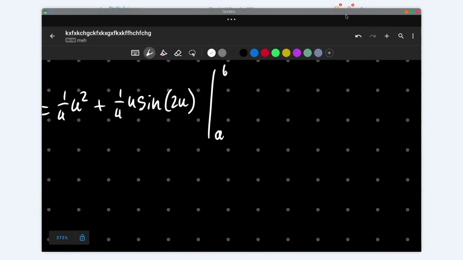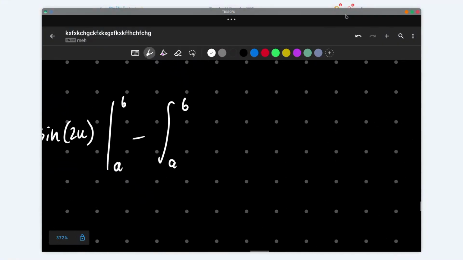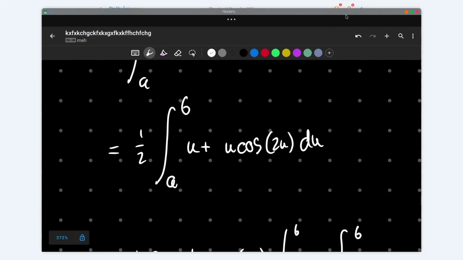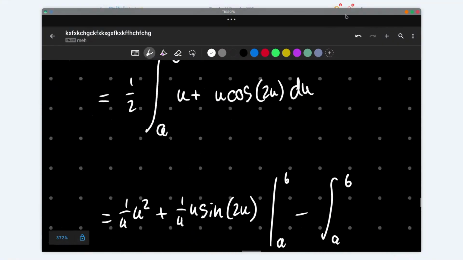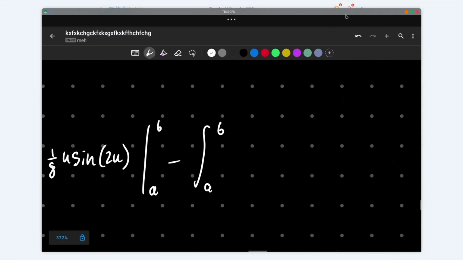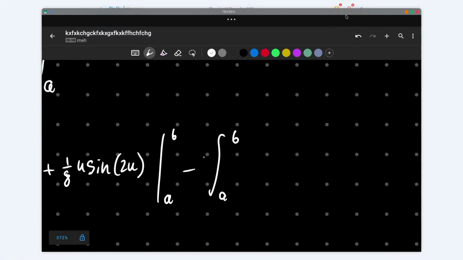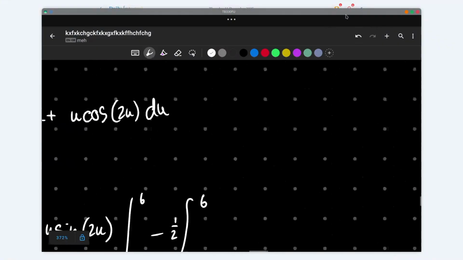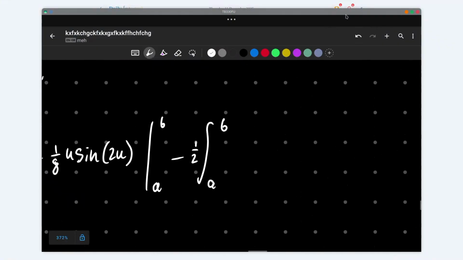From a to b minus the integral from a to b. Did I remember to half that? No, I didn't. That should be an eighth. There would be a half in front of there, but actually let me leave the half. That's still sine, that will just disappear.